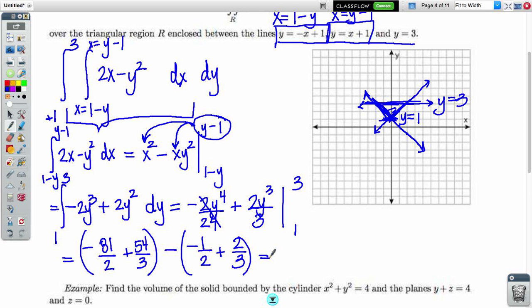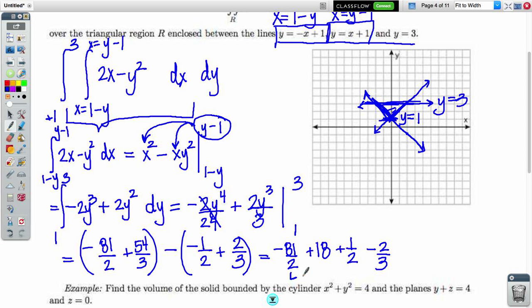So when I distribute that negative here, I'm going to get negative 81 halves plus 54 over 3 is 18. So I'm just going to simplify that. And then minus negative, so I really have plus 1/2 here, and then minus this 2 thirds.